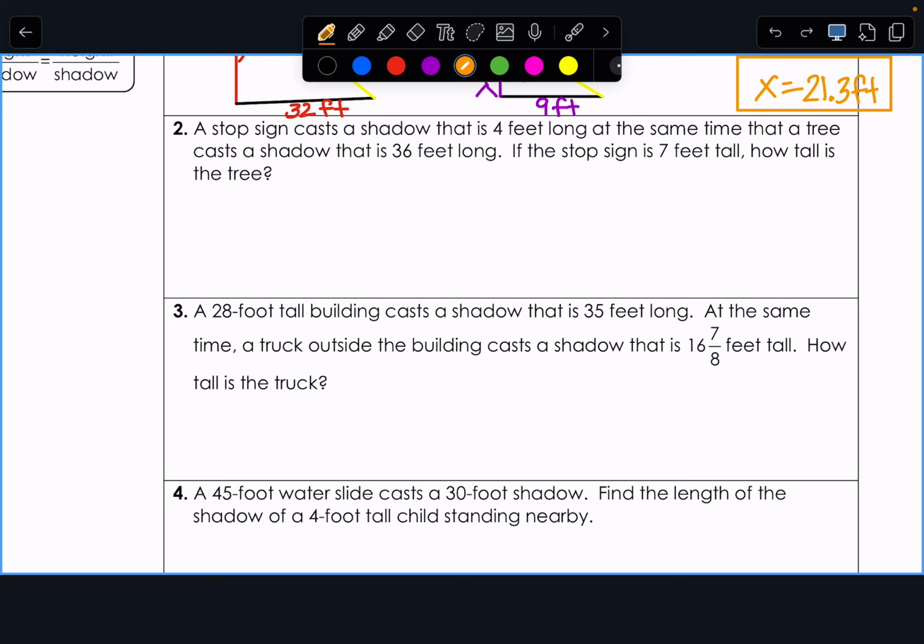Okay. So, yep. So 4 goes. So the shadow goes always to the ground. Mhm. So, 4. It's beautiful.